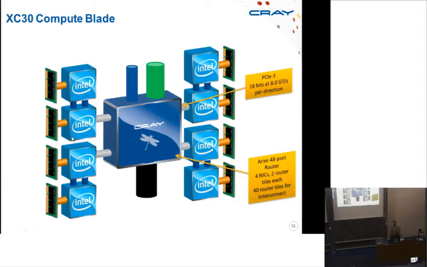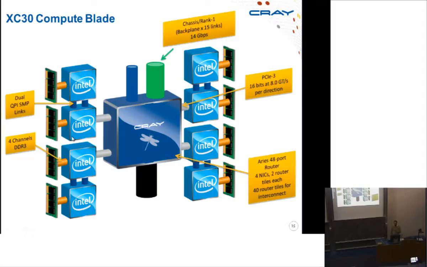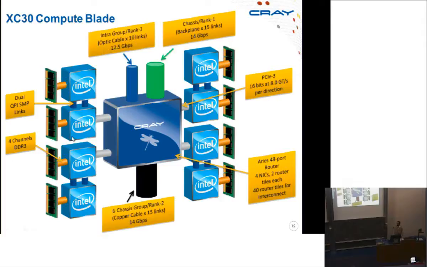As I said, we're using PCI Express, which gives us a lot of bandwidth between the compute node and the network card. Then what we do is we have 3 separate network ports which interconnect the Aries routers together. So we have what we call the rank 1, which is across the backplane, rank 2, which connects between chassis groups. I'll explain in a lot more detail later. And rank 3, which is an optical link which connects groups together.